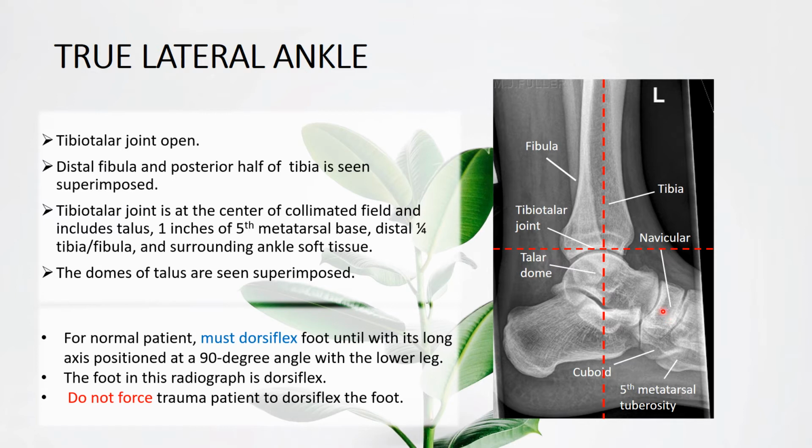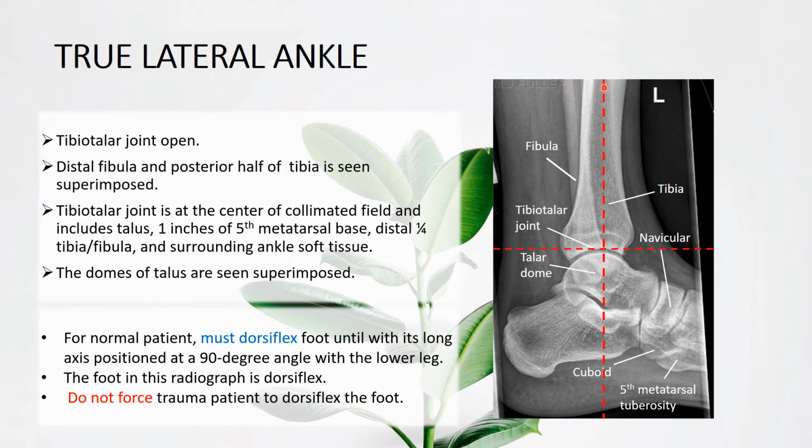This is the criteria of a true lateral ankle. The first one is that the tibiotalar joint must be open. This is the tibiotalar joint, the gap here. The distal fibula and the posterior half of the tibia are seen superimposed.